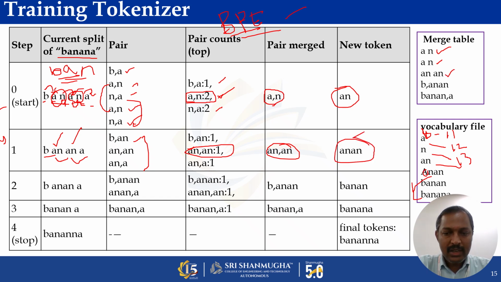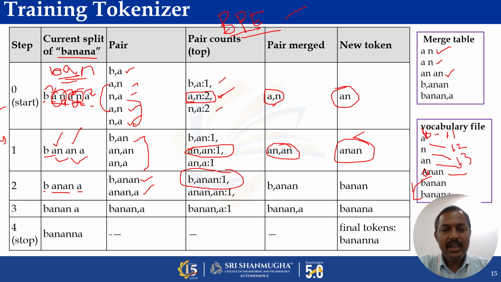After this we have B, ANAN, A. Now there are three groups, and they are paired: B-ANAN, next ANAN-A. Each one occurred only once, so we can choose any for merging. For example, I take B-ANAN for merging.